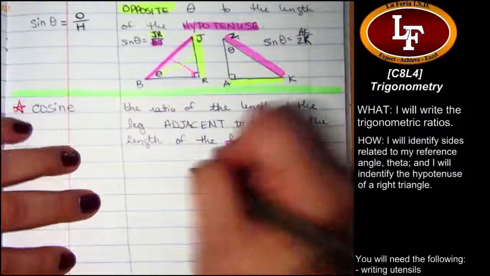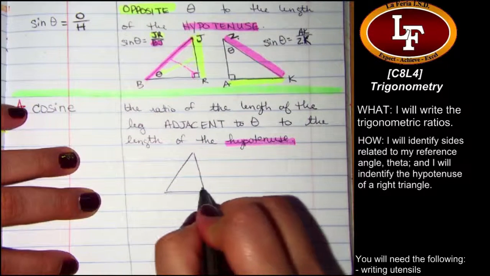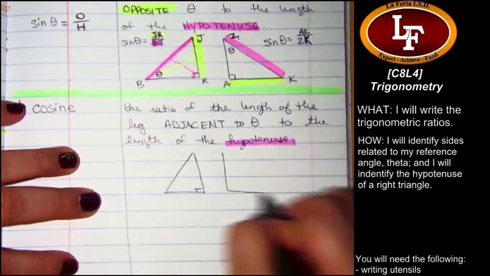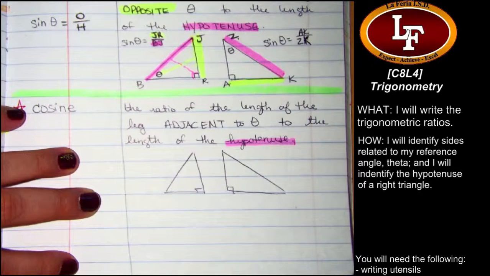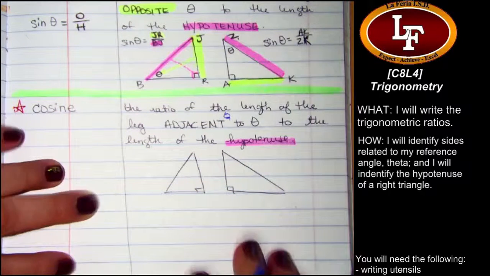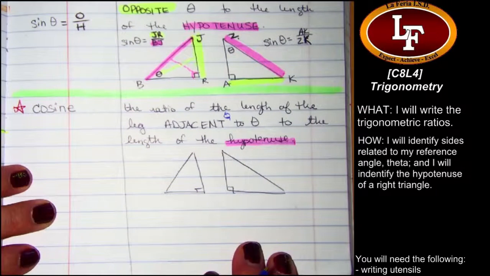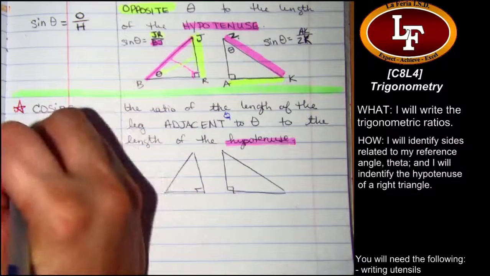So let's draw two triangles. Miss, what was that adjacent again? What did the word adjacent mean? Can we do like a recall thing? Yep, recall. What did the word adjacent mean? Isn't it the other side of the angle? What do you mean to the other side of the angle? The opposite side.